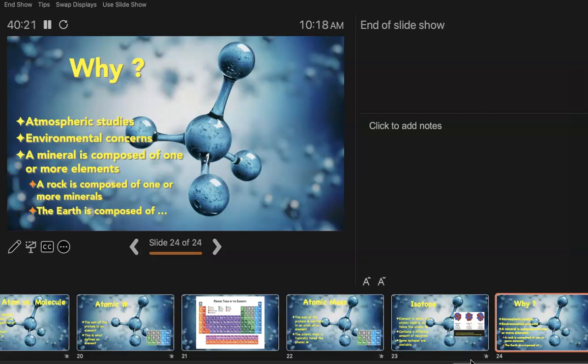In both classes, we're living on the earth, we're talking about the earth. These are all earth science classes. Okay? Minerals are made of elements. Rocks are made of minerals, and guess what? The earth is made up of rocks and minerals. And again, surrounded by this atmosphere. So everything we do, talk, see, look at, scratch, sniff, whatever, ocean, everything is composed of this stuff.